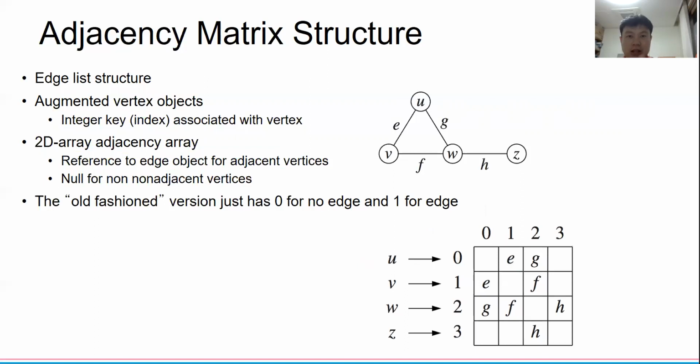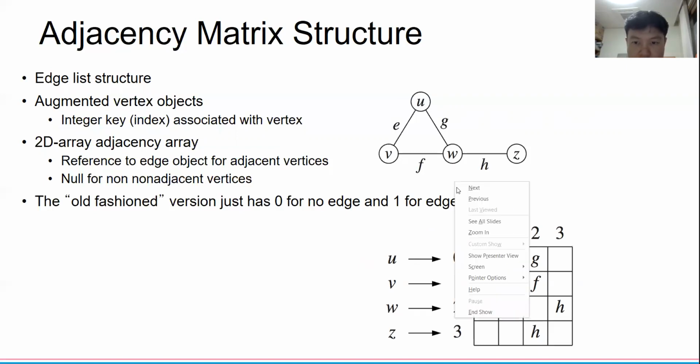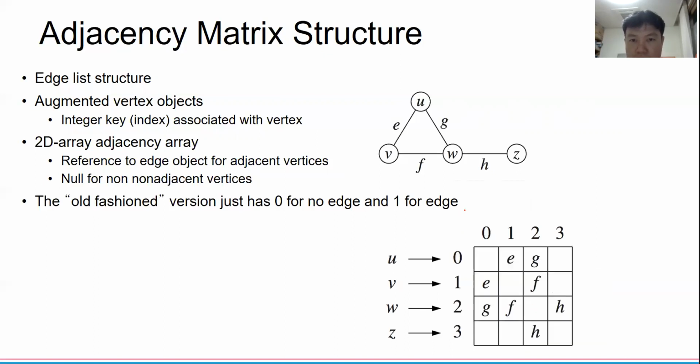But there is another version for creating the adjacency matrix structure, like this one. We have the same graph, and let's say U is 0, V is 1, W is 2, and Z is 3.